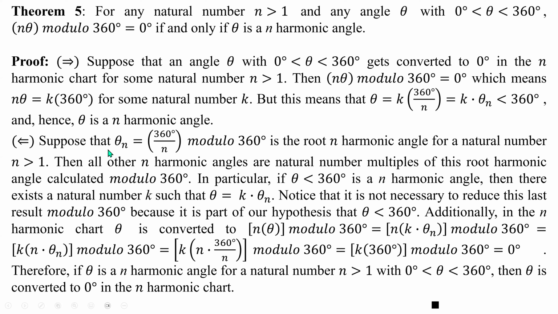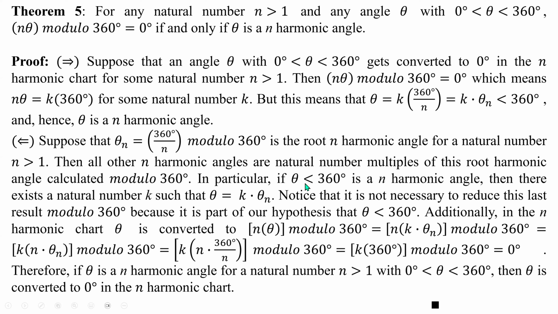Now let's do this proof in the opposite direction. Let's begin by supposing that theta sub n equal to 360 degrees over n modulo 360 degrees is the root n-harmonic angle for a natural number n greater than 0. Okay, then all other n-harmonic angles are natural number multiples of this root harmonic angle calculated modulo 360 degrees.